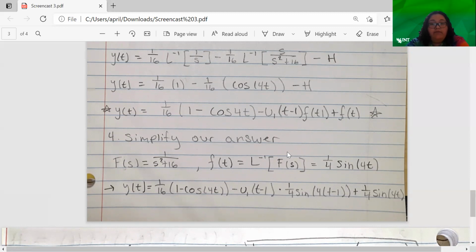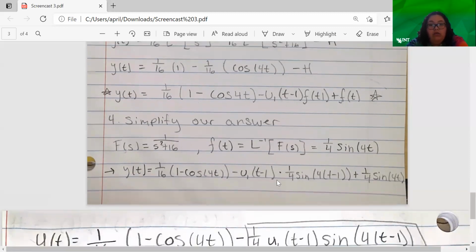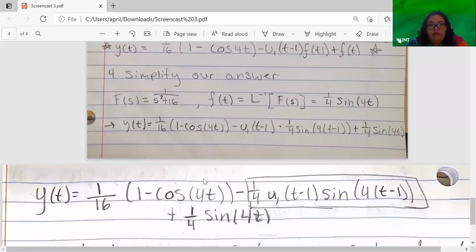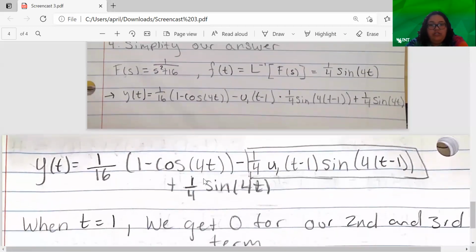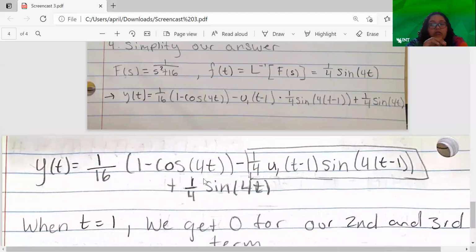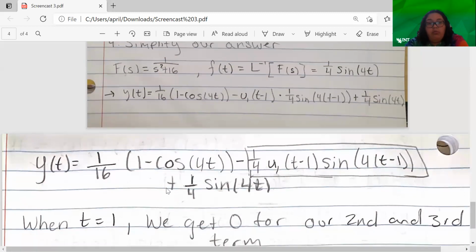Now really all we have to do is plug everything back in. Here we have it, where we plug in the inverse of F of s right here. Then we just need to find the values so that we can get a more descriptive answer to our problem.